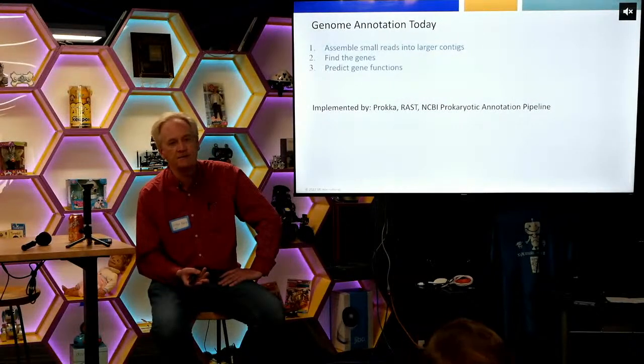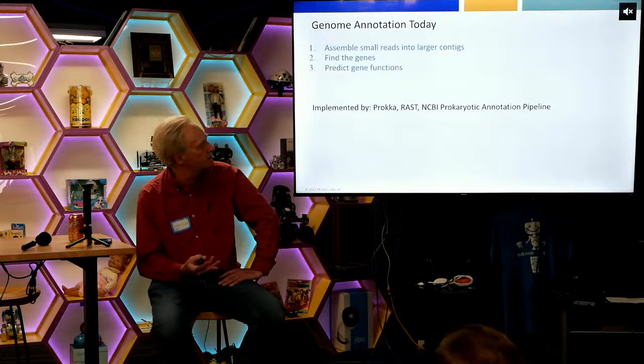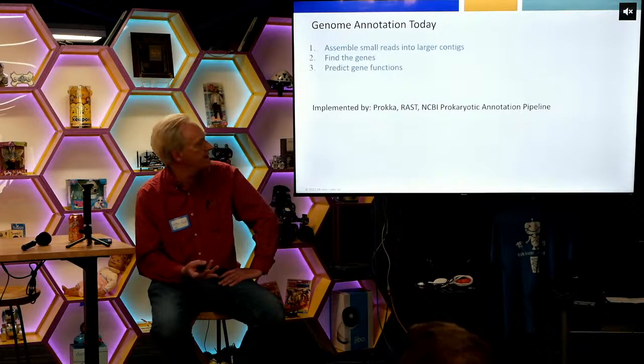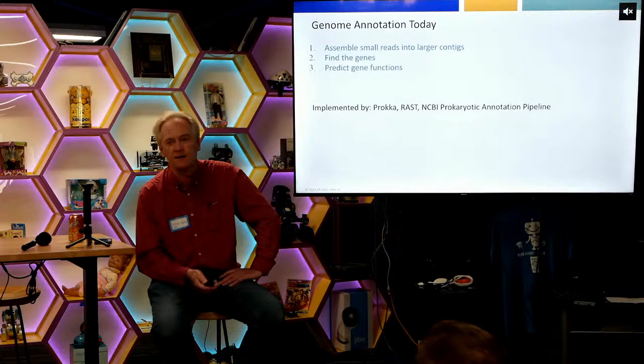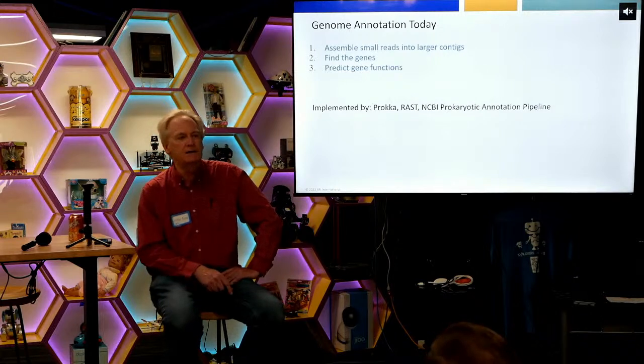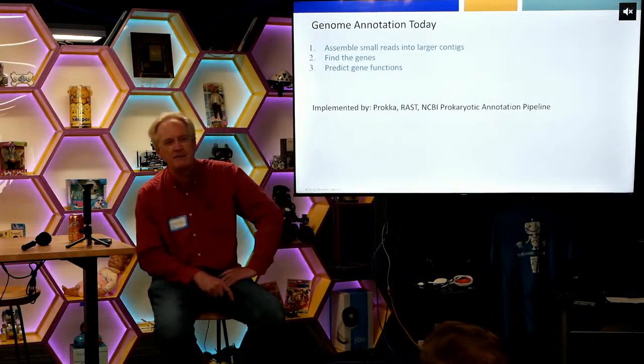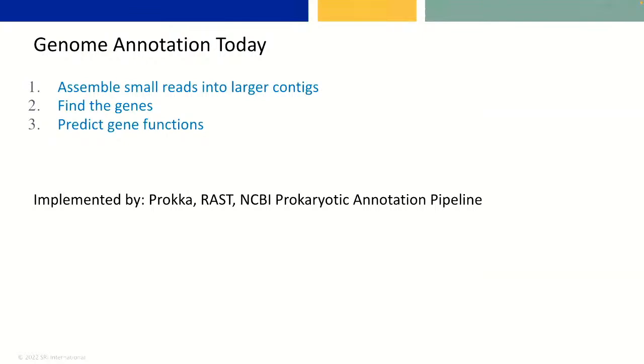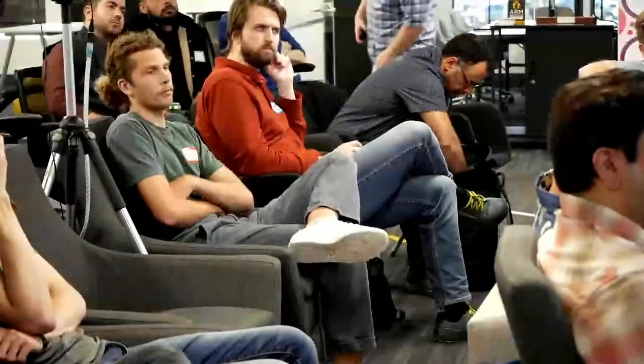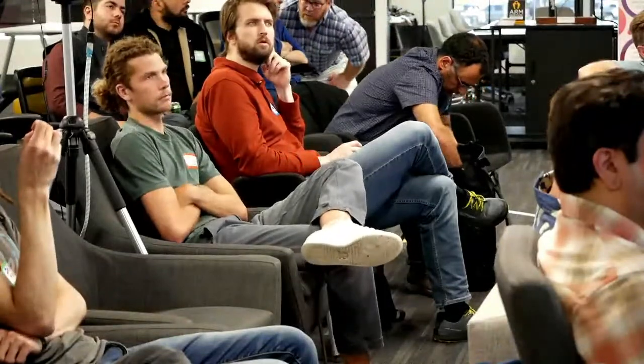And it's implemented now by some of the standard tools for microbial genome annotation, which are Prokka and RAST and the NCBI prokaryotic annotation pipeline. There have been a number of other systems developed over time, like MagPie and GeneQuiz, and a few I can't remember the names of, that have all kind of fallen by the wayside. But these are some of the tools that have remained.